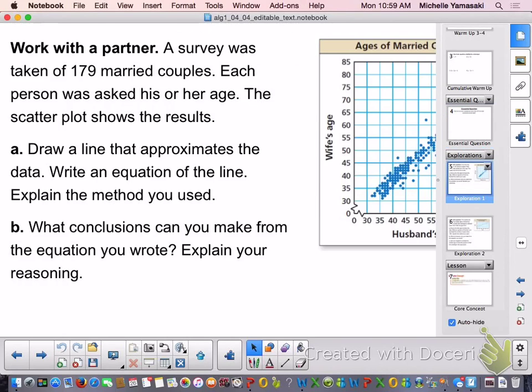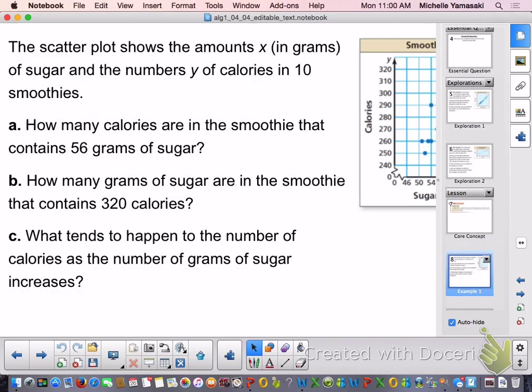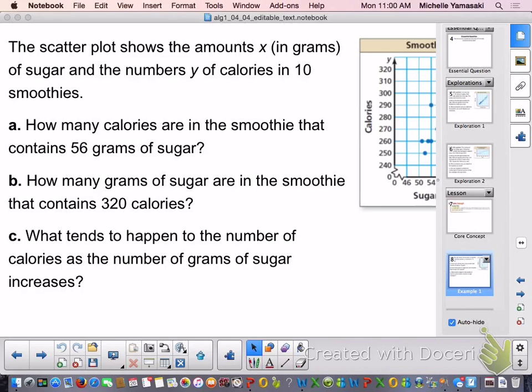The first kind of question we're going to see, oh wait, this isn't it, sorry. Here we go. You'll see something and they'll start asking you questions. Here's a scatter plot relating sugar in grams to calories. You're going to have to answer these types of questions.